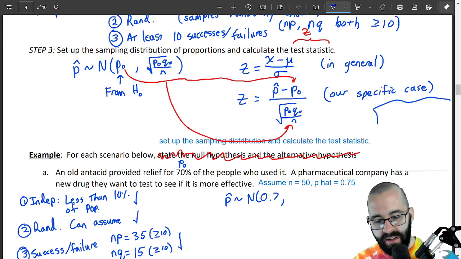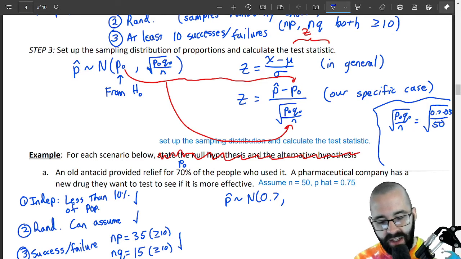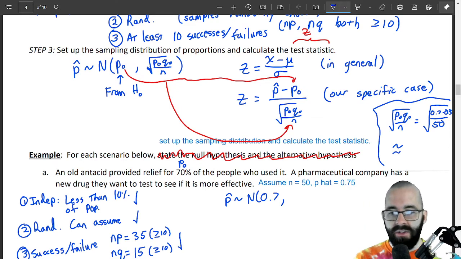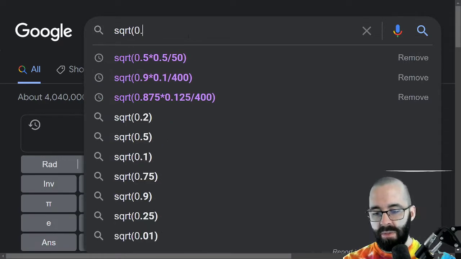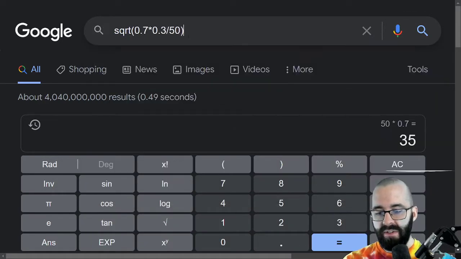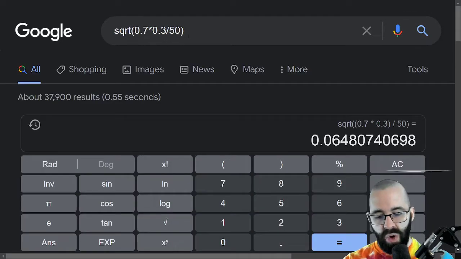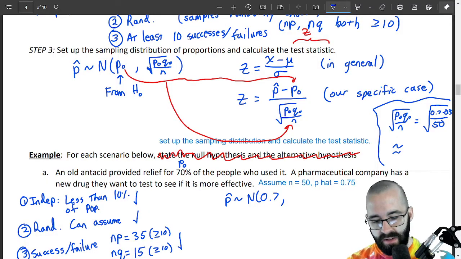The standard error is the square root of p naught q naught over n: the square root of 0.7 times 0.3 divided by n, which is 50. Our standard error for the sampling distribution is 0.0648.